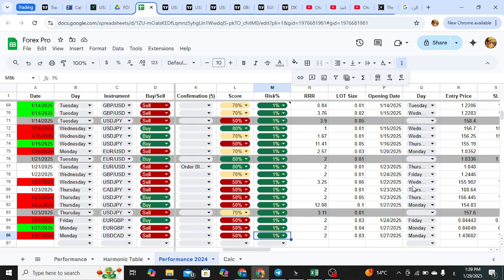Now, another rule for risk exposure is that in general, I try not to open 3 trades at one time. Therefore, my total exposure on open trades is 3%. And then I have a limit to my weekly exposure. My weekly exposure is 5%.